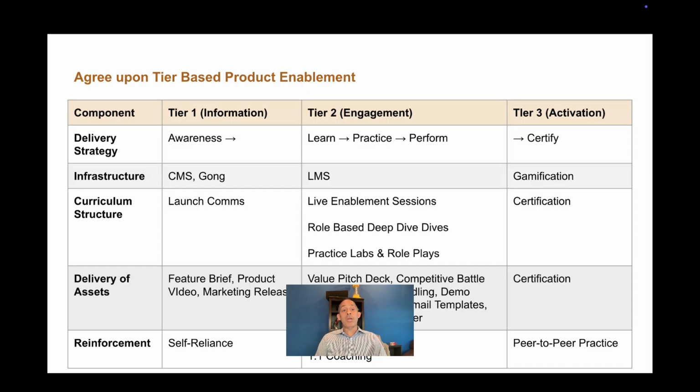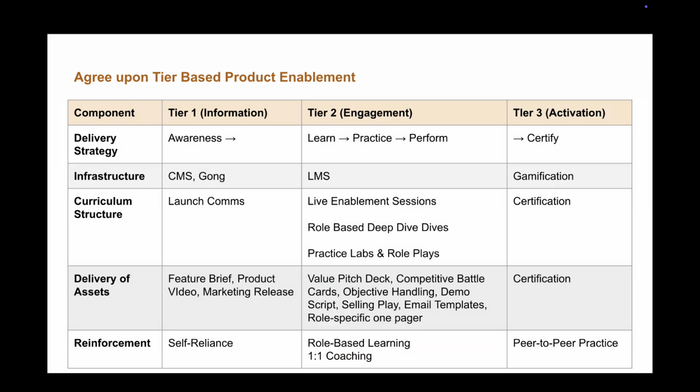And then the bonus one here, which I think is also really important, is we need to have an understanding of how the product will be delivered and then tie that to a strategy for enablement. So in my mind, it could be like a tiered program, a tier 1, tier 2, tier 3. Tier 1 is just getting the teams informed: this is information, these are rollouts that only require a very base level of knowledge.